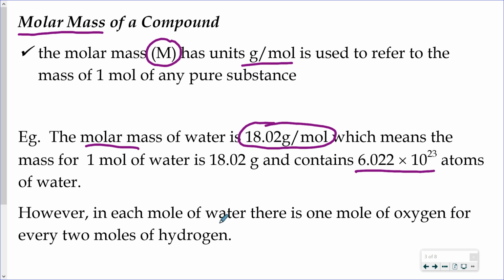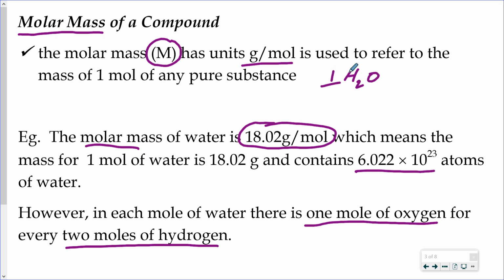For each mole of water, though, of course, there's only 1 oxygen for every 2 moles of hydrogen. So let me just talk about the molar mass first of all, and then I'll explain that last point a little bit further. So water is H2O.